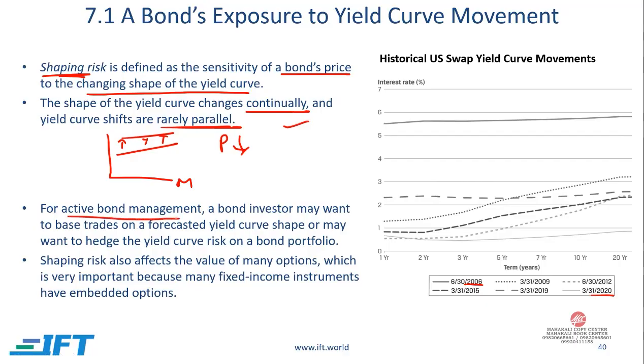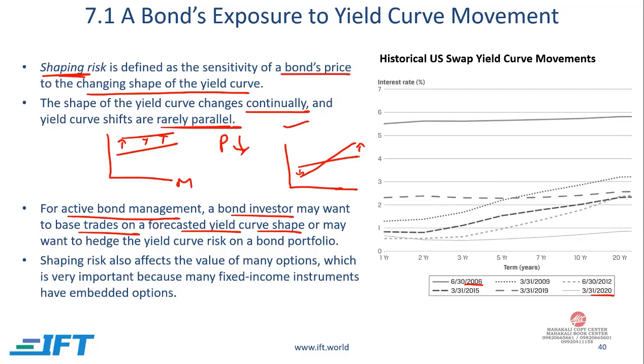For active bond management, a bond investor may want to base trades on a forecasted yield curve shape or may want to hedge the yield curve risk on a bond portfolio. For example, if a yield curve currently looks like this, and a manager predicts that this yield curve will become steeper, so long-term rates might go up, short-term rates might come down, the portfolio manager might do something to take advantage of this view.